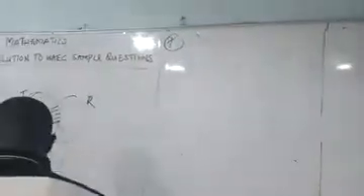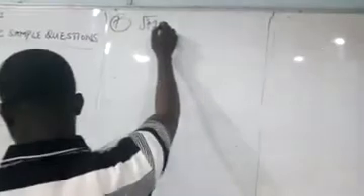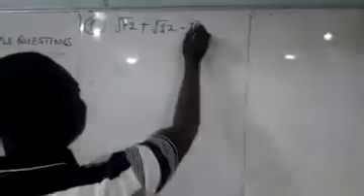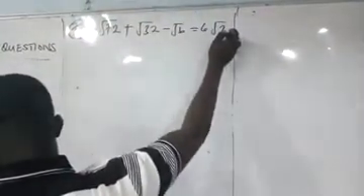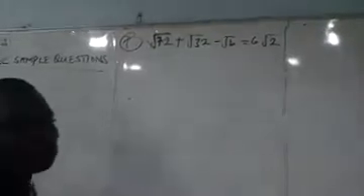That is option C. Number 7, we have root 72 plus root 32 minus root b equals 6 root 2. The question asks us to find the value of b. This is surd. Okay? And in surd, when they give you a surd like 72, what you do first is to see how you can break it into 2 factors.